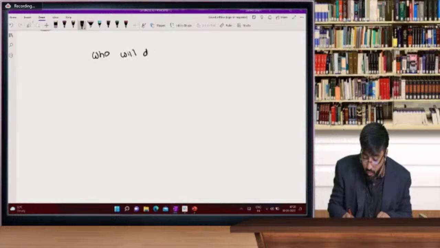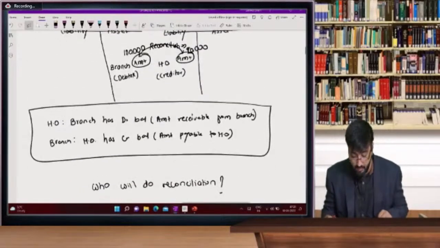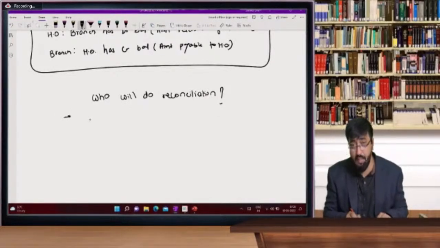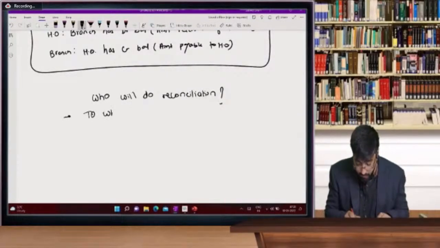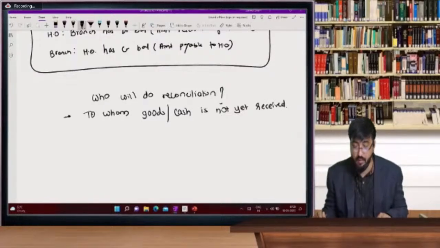Now, next line, write down: who will do reconciliation? The answer is very simple. The one to whom goods or cash is not yet received.